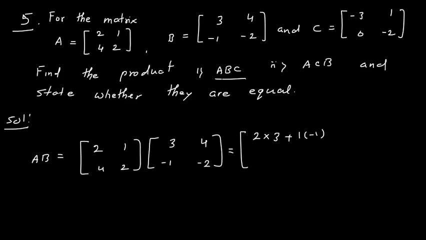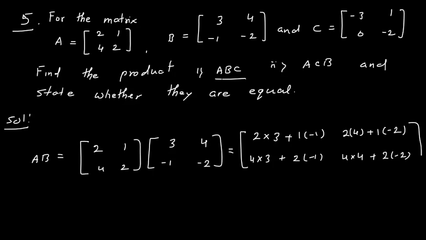Then this is 2 into 4, then plus 1 into minus 2. In the second row we have 4 into 3 plus 2 into minus 1, and then here we have 4 into 4 plus 2 into minus 2.